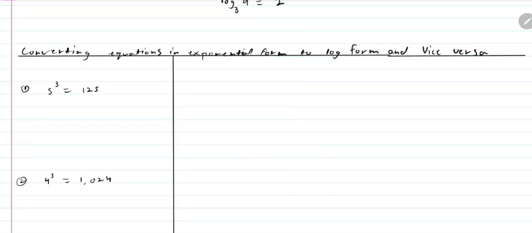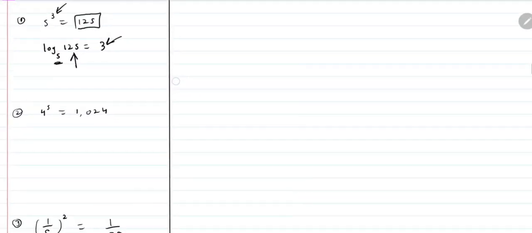I want to convert this equation to log form with a base of 5, right? So that's going to be log base 5 of 125, because 125 is my argument. That is equal to the index, 3, right? I raise 5 to the third power to get 125.